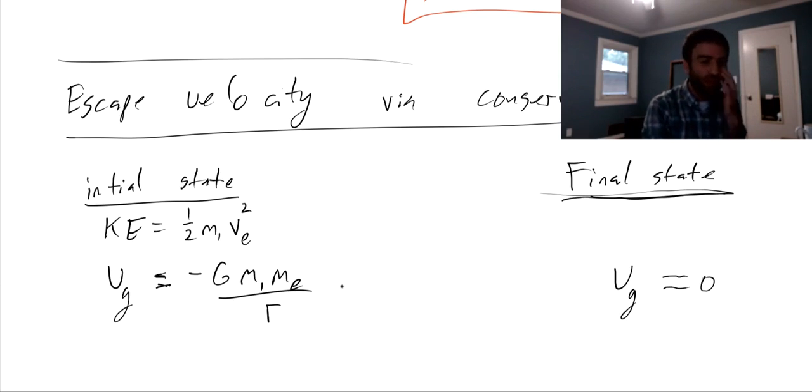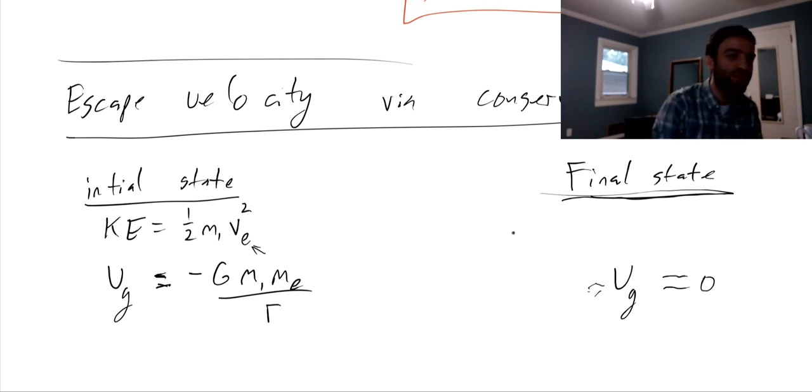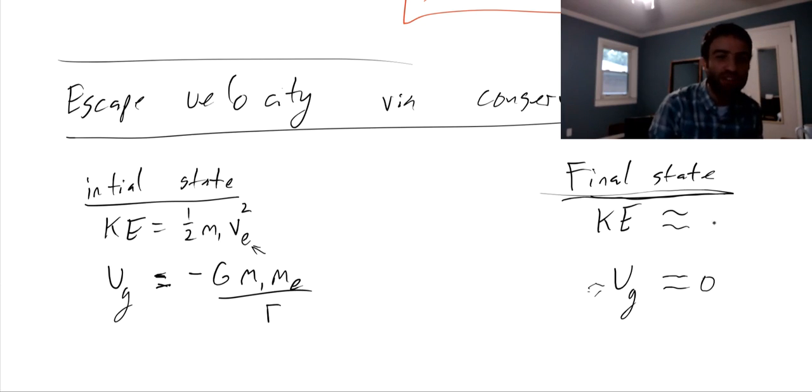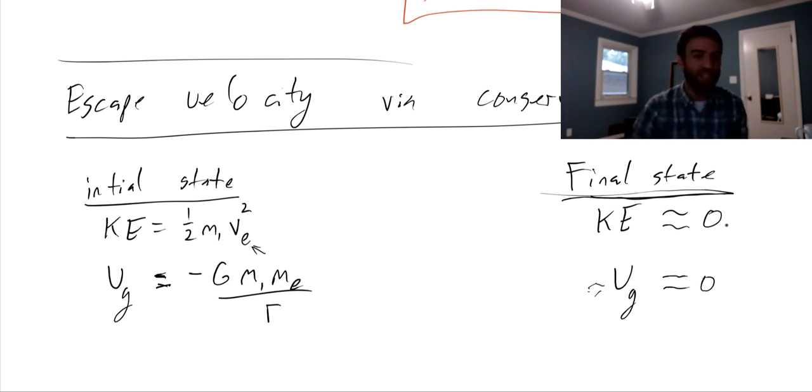If I want to find the break-even point, I want a case where all of my initial kinetic energy went into getting rid of any potential energy I had, so that I've slowed down to where I have no more velocity anymore.